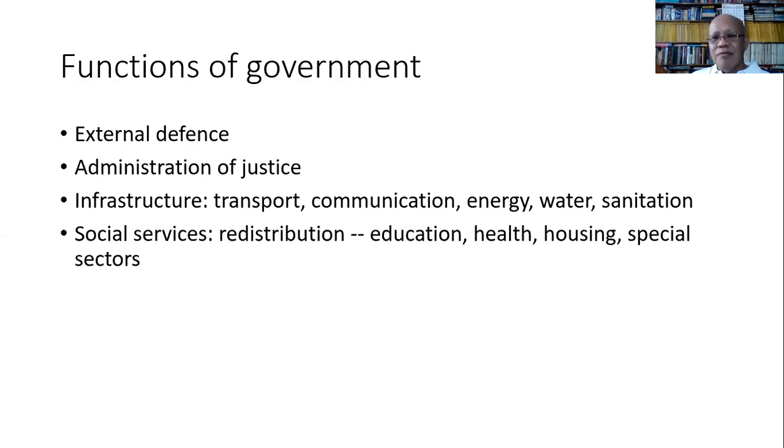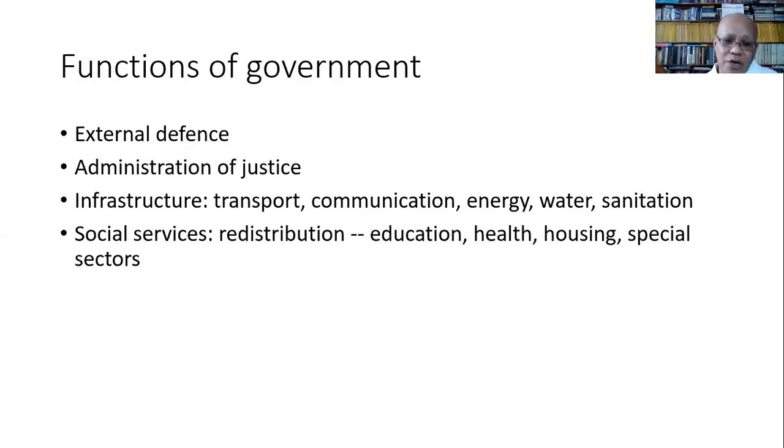Rather, government tax revenues are spent on these particular services, which would then be affordable to the lower income classes and therefore allow them to spend what they would have spent on these on other things. And therefore, they would have an improvement in their standard of living because they have greater disposable income.